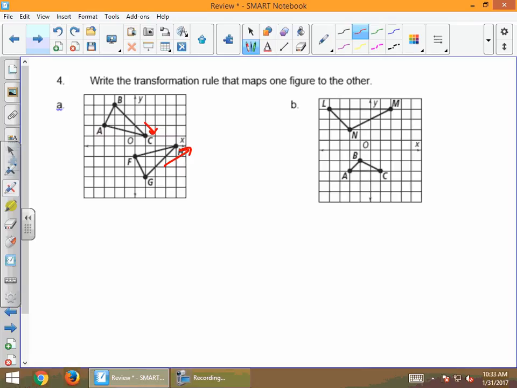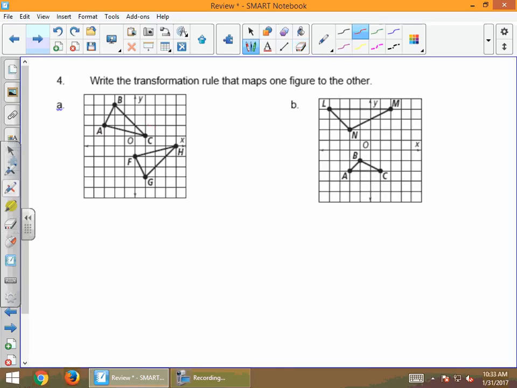But if they're in exact opposite directions, it's a reflection. So we'll move this bottom one. If it's pointing up, to get it to point down, are we going to reflect over the x-axis or over the y-axis? Yeah, the x-axis. We wanted to get it to point down.